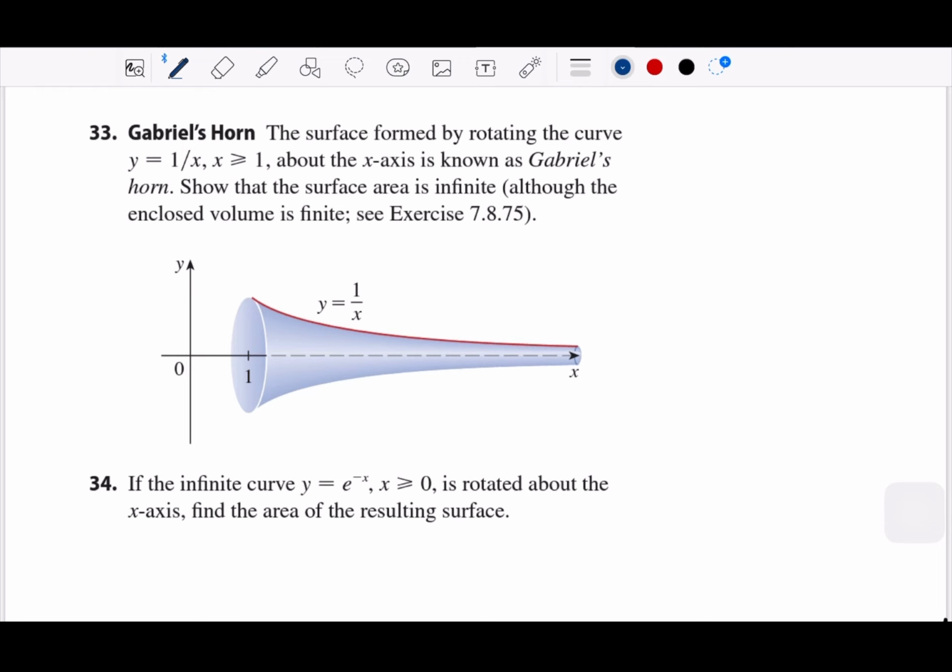Compute the volume. I think you still remember how, or no? Okay, volume is just taking the radius, pi r squared, right? And then compare with the surface area, rotating about x. So maybe you can try first.